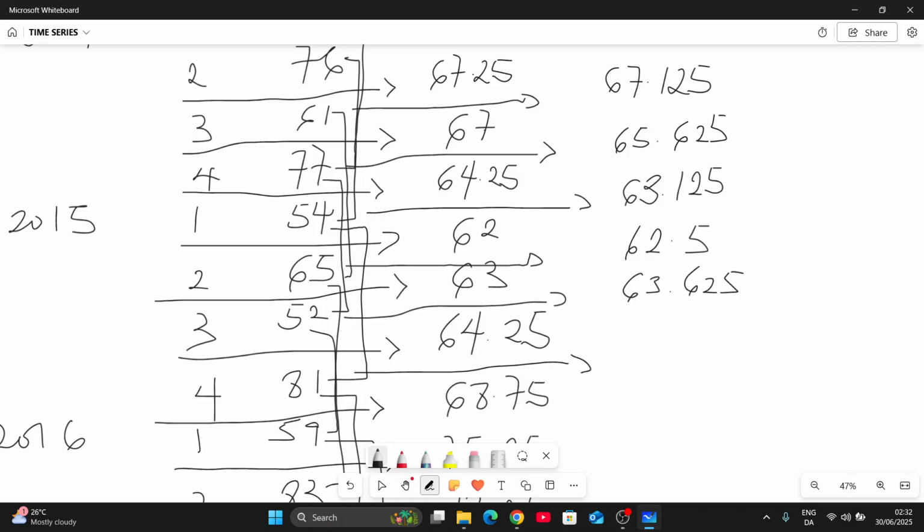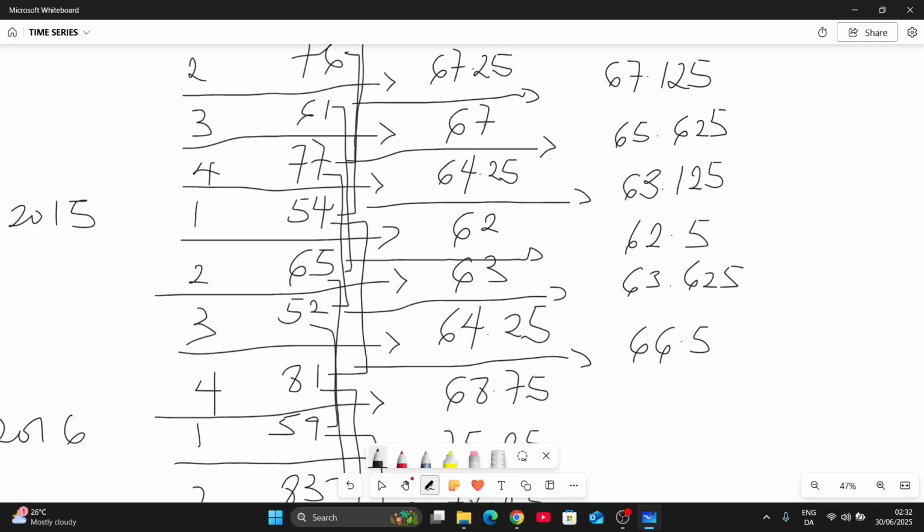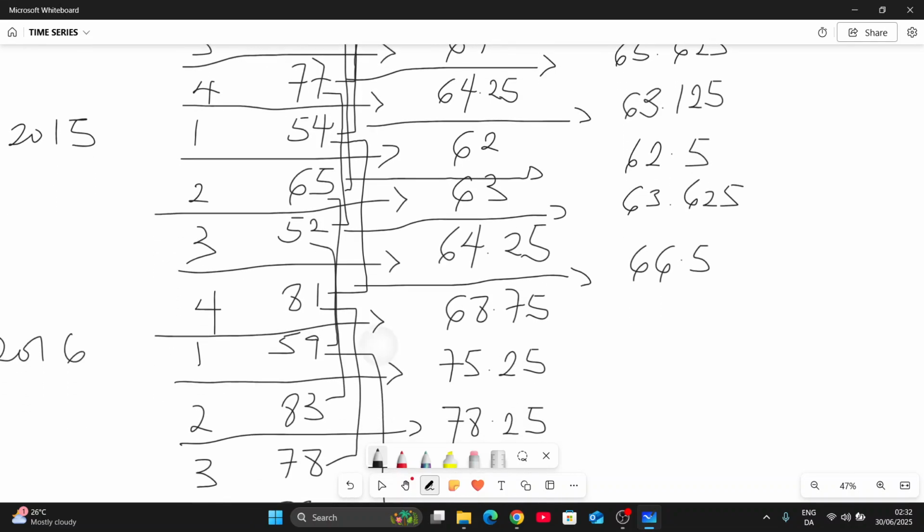Then 64.25 plus 68.75 divided by 2, 66.5. Then 68.75 plus 75.25 divided by 2, 72. Then 75.25 and 78.25 divided by 2, 76.75.